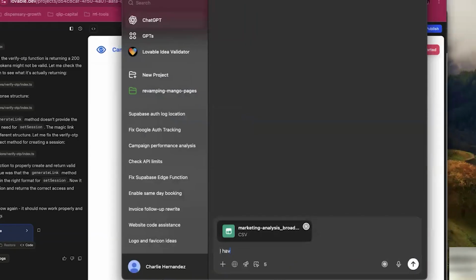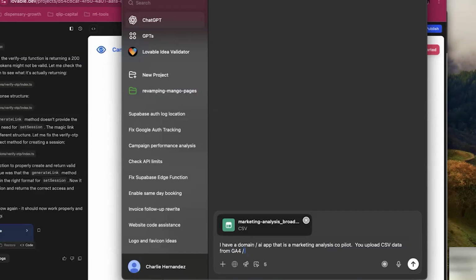So I'm going to say I have a domain/AI app that is a marketing analysis copilot. You upload CSV data from GA4, CSV, etc., and it in seconds will analyze it for you.